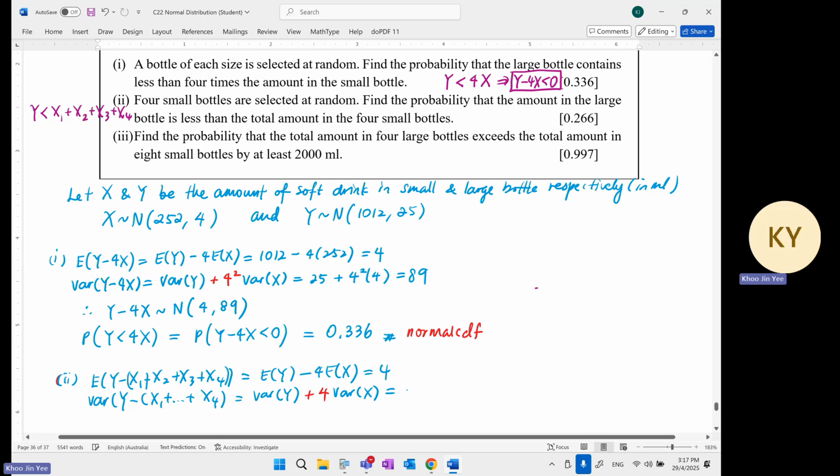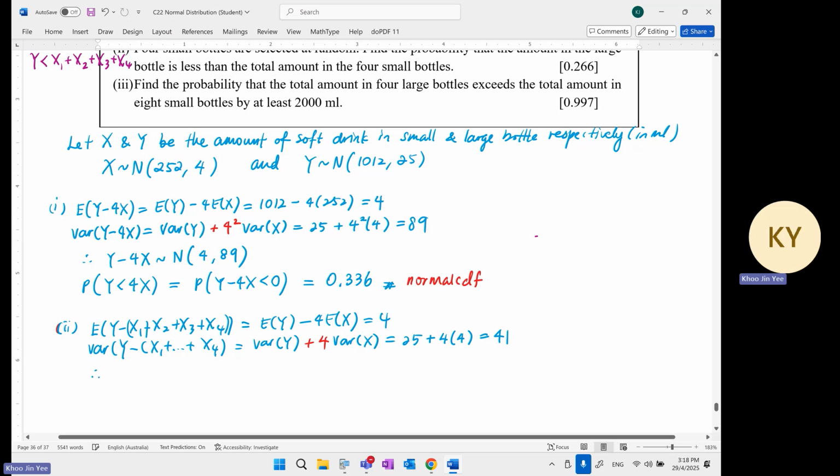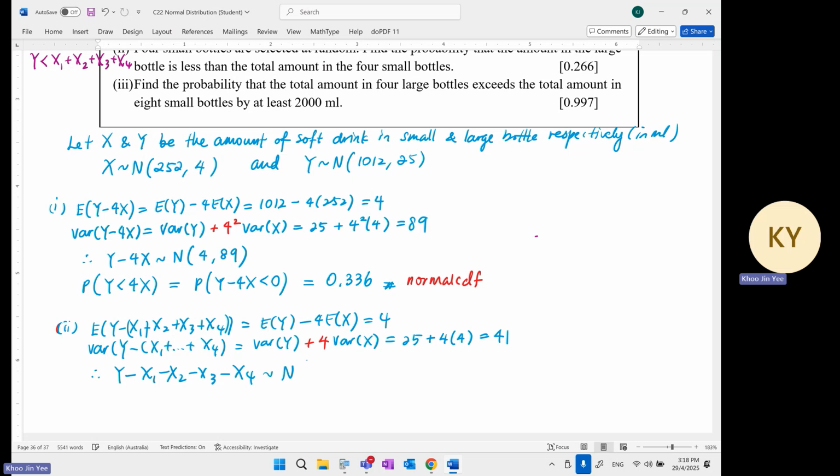So this would be 25 plus 4 copies of 4, which equals 41. Therefore, y minus x1 minus x2 minus x3 minus x4 follows a normal distribution of 4 and 41.